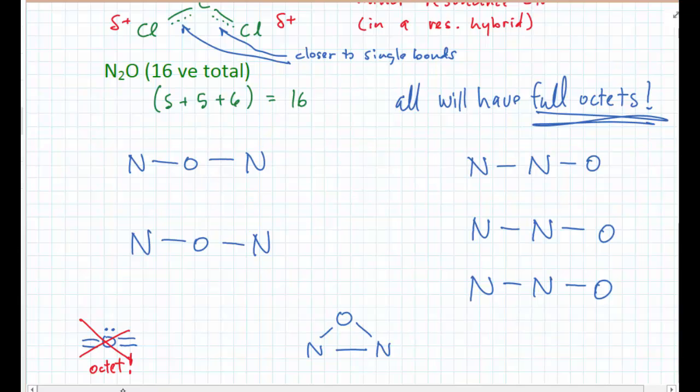I think you don't have octets then on either of those ends. You just got 6 on those ends. So maybe fill one of these with an octet and use multiple bonding to fill the octet of the other one, maybe, or something like that.